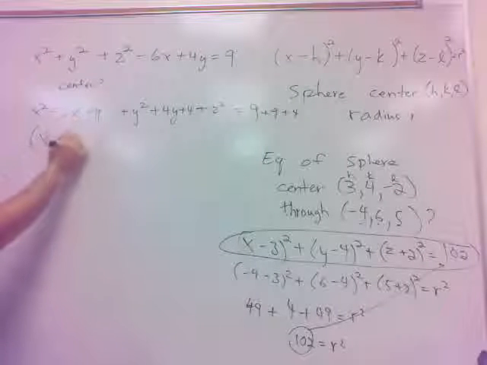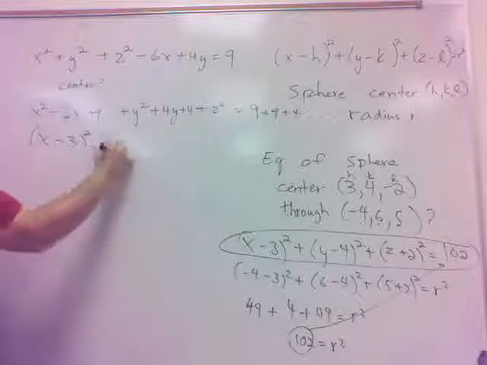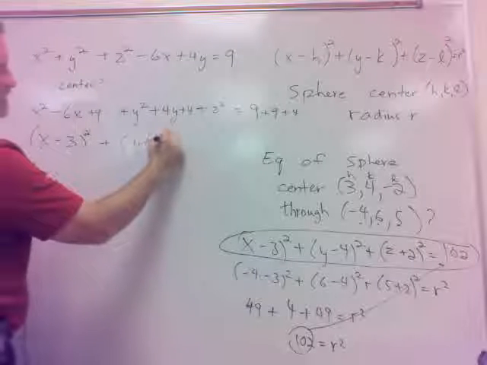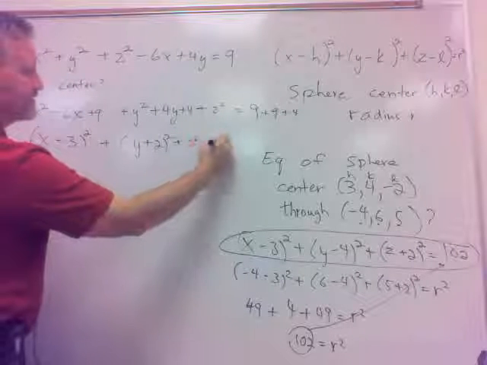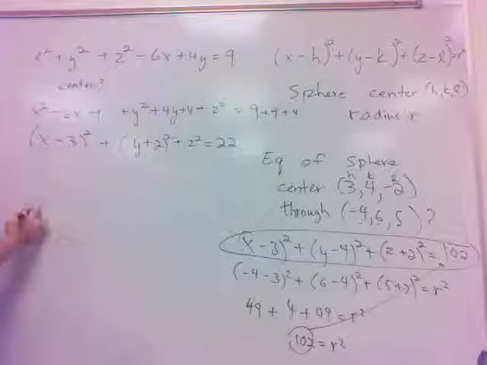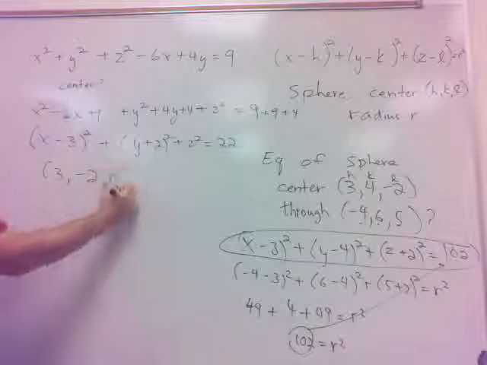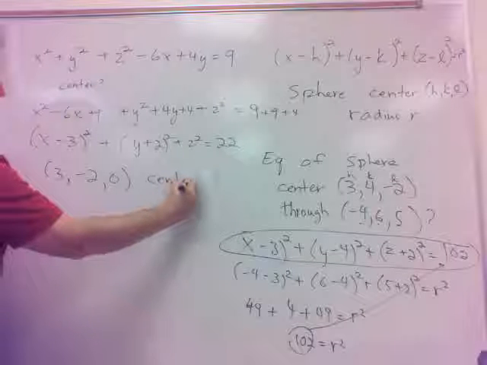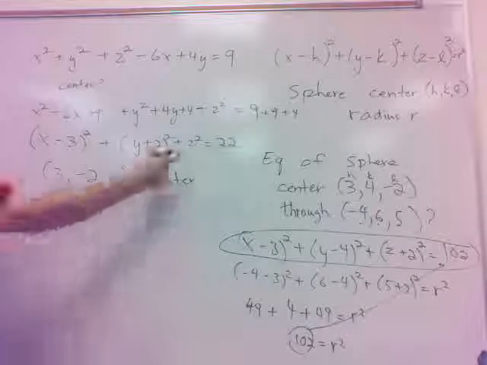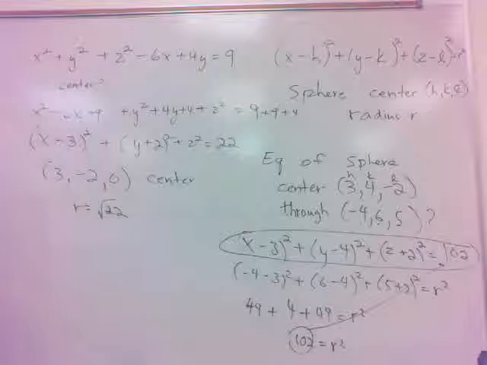and then factor it up. It'll be x minus 3 squared, plus y plus 2 squared, plus z squared equals 22. So the center is (3, -2, 0). The radius is the square root of 22.